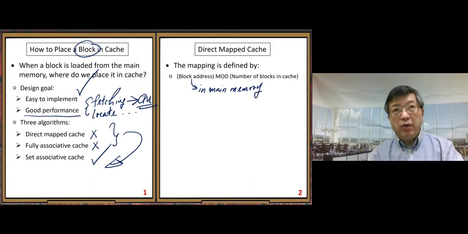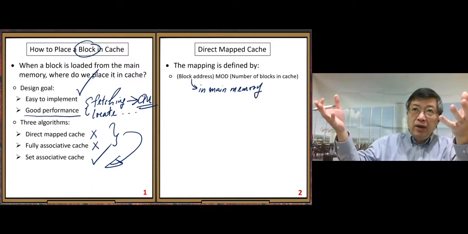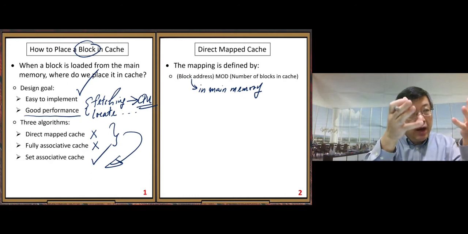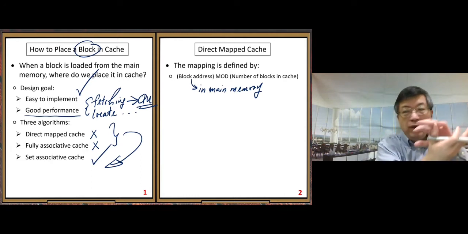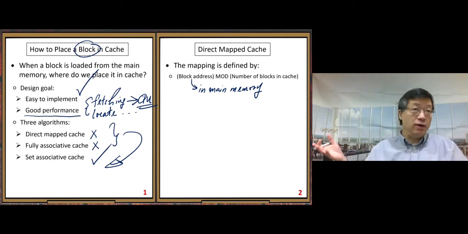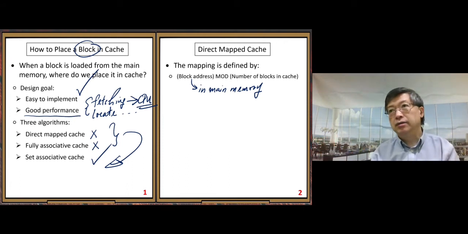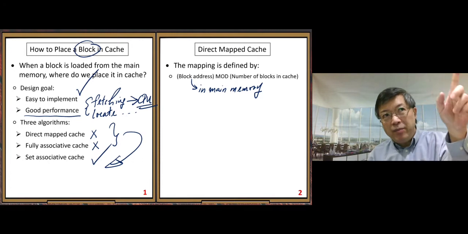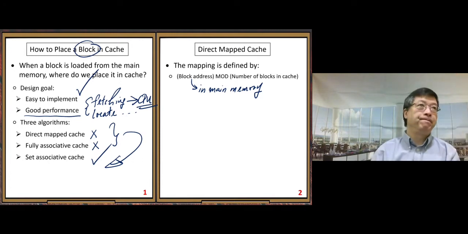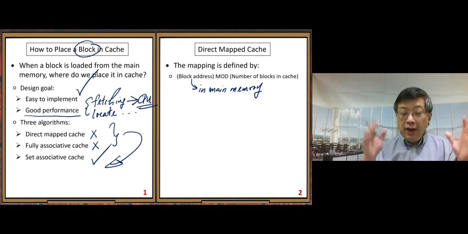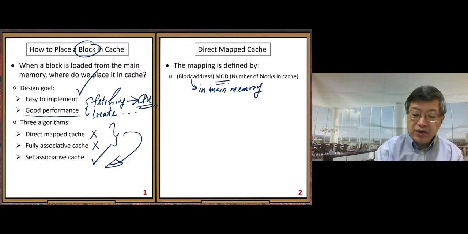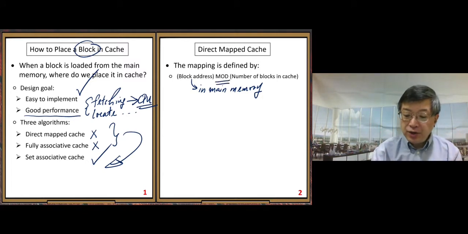Each block, when you fetch it from main memory, has an address associated with it. So we take that block address, then do a mod operation. Mod what number? The number of blocks in cache.